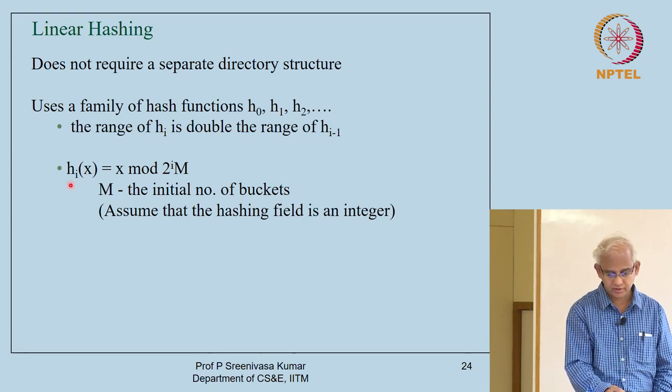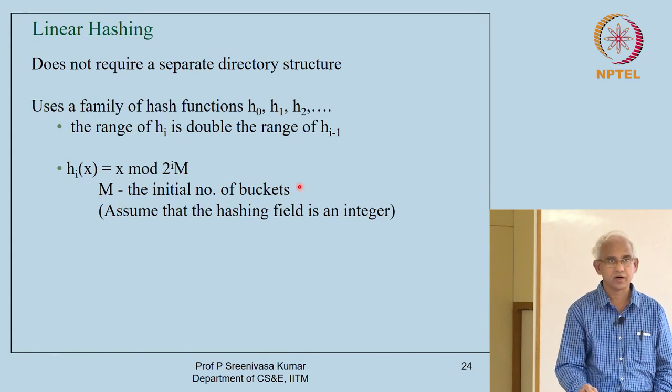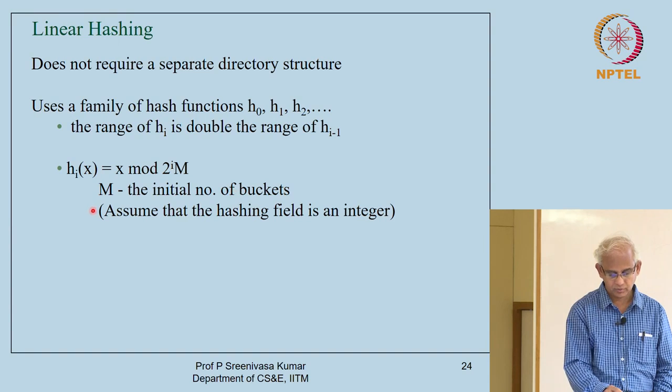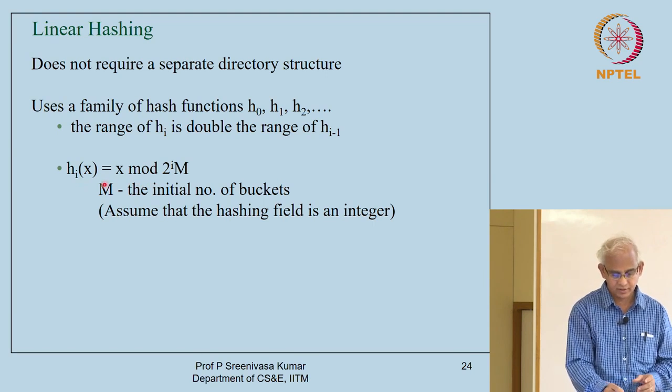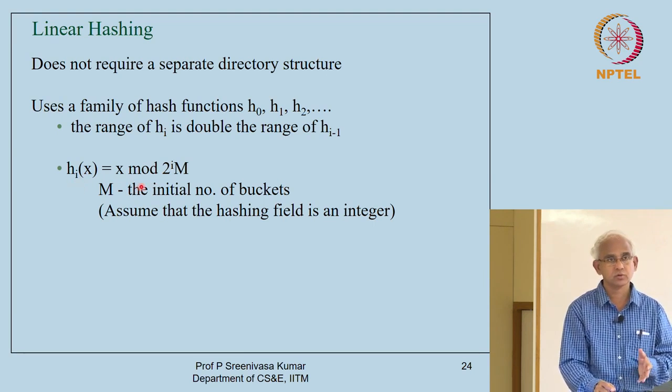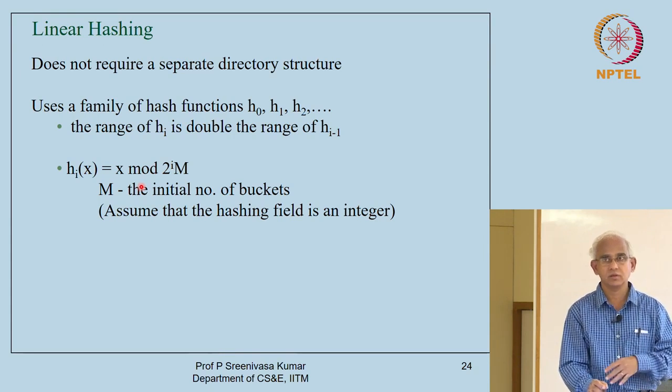So, H0 of x is x mod m, where m is the initial number of buckets that we have. Then H1 of x will be x mod 2m. So, the range of H0 is 0 to m minus 1, the range of H1 is 0 to 2m minus 1, it will double.